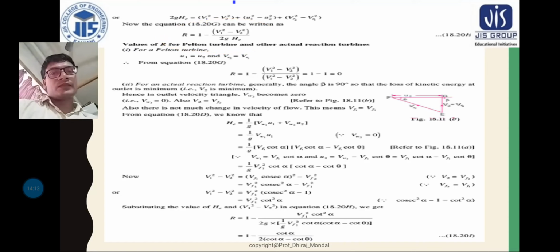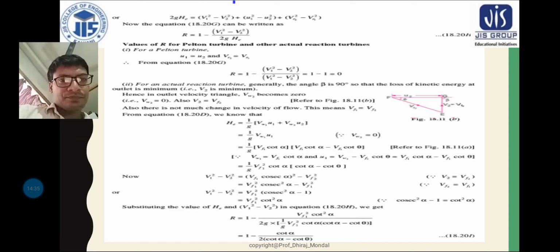Okay, so the value of R in case of Pelton turbine, what will it be? In case of Pelton wheel, U1 is equal to U2 and VR1 is equal to VR2. So R is equal to 0 at that time, because the degree of reaction in case of Pelton wheel will be 0.